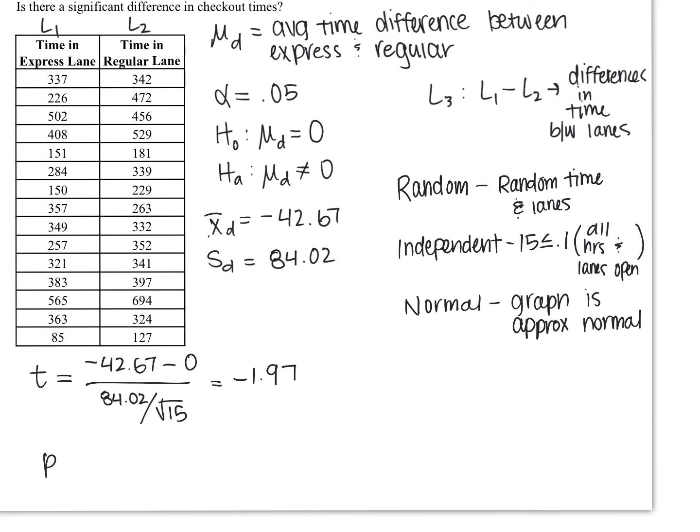So now to find our p-value, we are going to go to tcdf. Our lower bound will be the negative 9s, our upper bound will be negative 1.97, and our degrees of freedom are 14. And we get 0.0345.